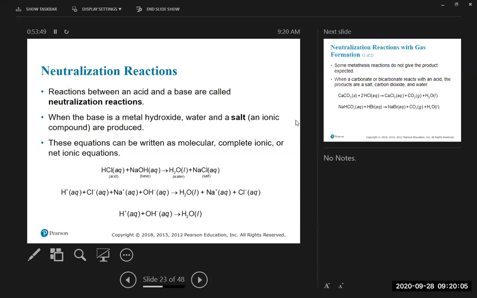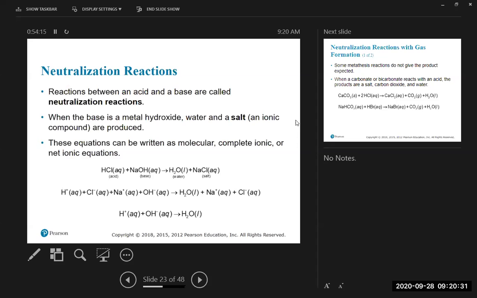So now we use our solubility rules to decide, okay, we've got all this stuff that has changed. Is it soluble or not? HCl, we know, is soluble. That's a strong acid. Sodium hydroxide, soluble, strong base. So we write those in our complete ionic reaction. We have H+ Cl-.